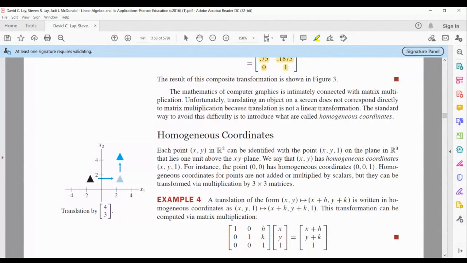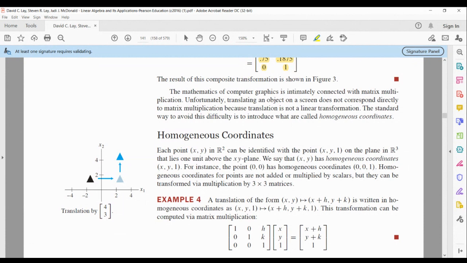So up to now, when you work in the XY plane, you have a coordinate in the XY plane and you want to do a transformation on it, what you've done is multiply that coordinate by some 2x2 matrix.